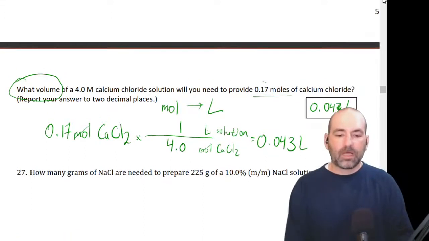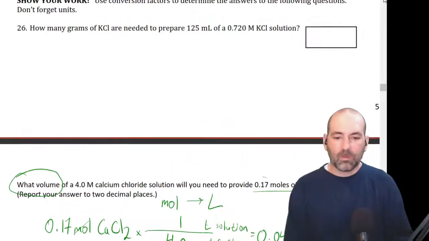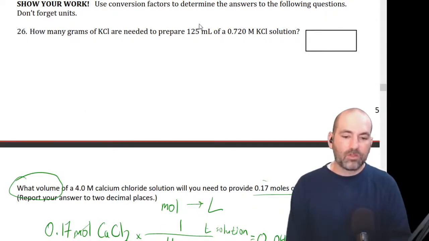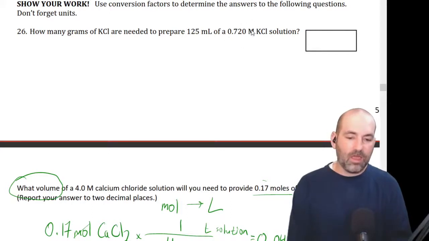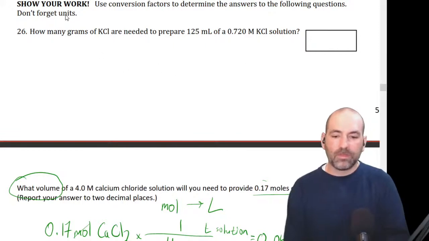Okay, let's go back up to the previous question, which is similar but with one extra step. How many grams of KCl are needed to prepare 125 milliliters of this molar solution? We've got a couple things to do here.